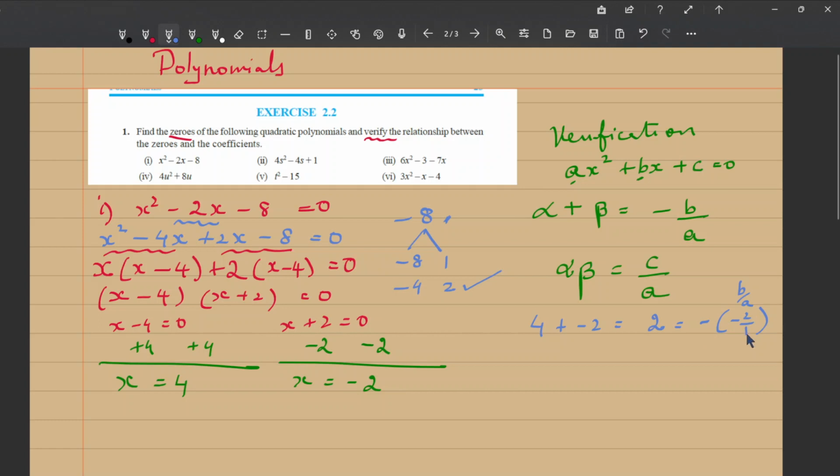So negative of minus 2 by 1 is 2. So this relationship is verified. And what about alpha into beta? 4 multiplied by minus 2 is equal to minus 8, which is nothing but your constant term by 1, where 1 is your coefficient of x squared. So c by a. Both these relationships are verified.